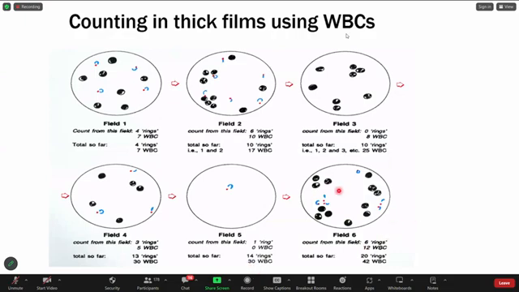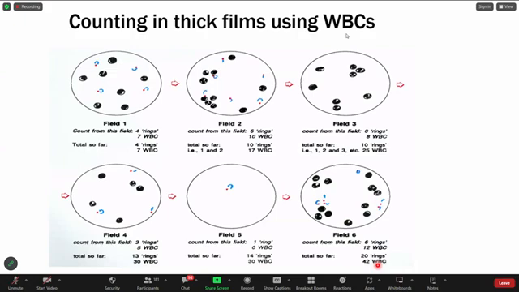Then in field number 6, there are 6 parasites and 12 WBCs. Our total is 20 parasites and 42 white blood cells. If we are going to report this smear by parasites per 200 WBCs, we continue counting these parasites and WBCs until the number has reached 200.